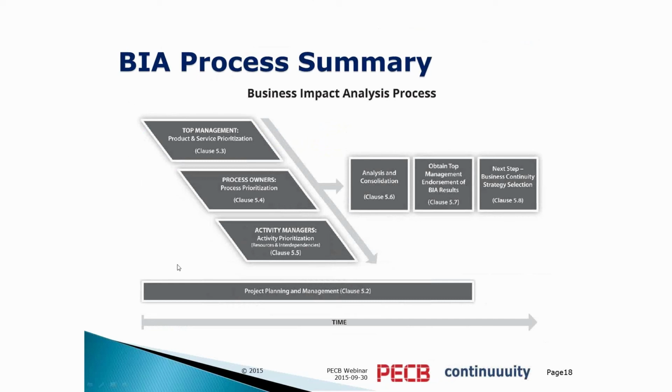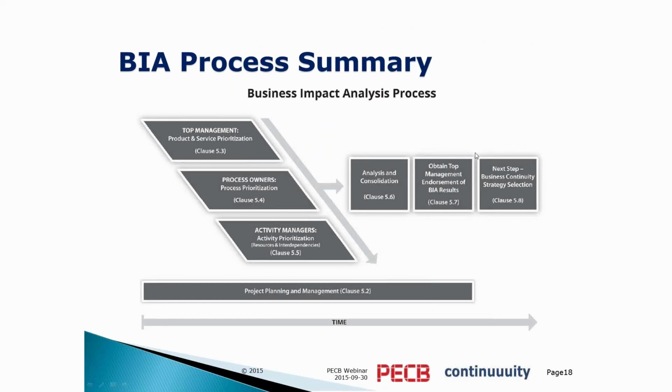The main components again are the people: top management, process and activity owners, and they have to provide these deliverables, analysis, consolidation. Top management has to endorse the results, probably talking again to process owners and activity managers.